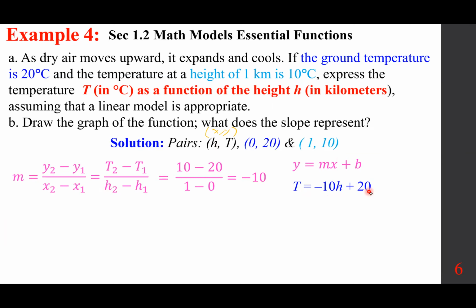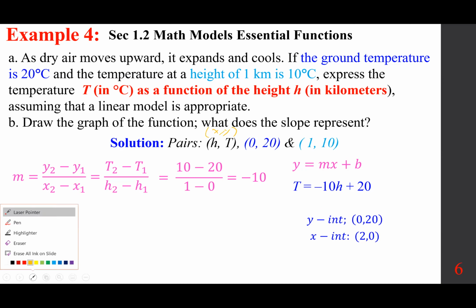The next one is asking us to graph this. Well, you need a couple of pairs, so you can just use those pairs. Or if you want to go with the intercepts, this is one of them, 0, 20. And if you set this one equal to 0, you get 2, 0.